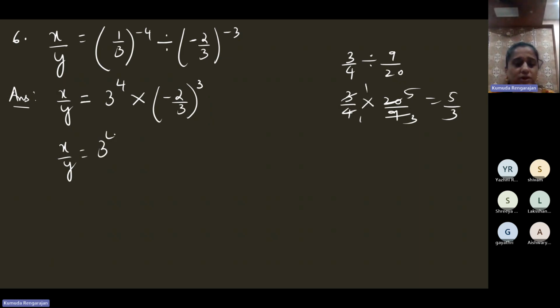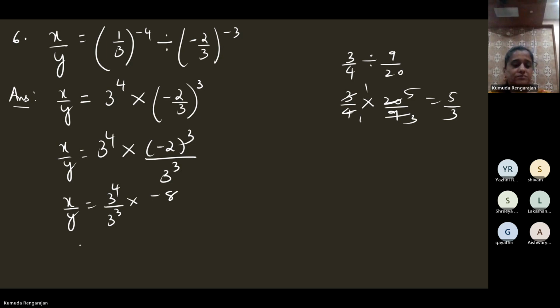So 3 to the power 4 into -2 to the power 3 by 3 cubed. So x by y is equal to 3 to the power 4 by 3 to the power 3 into what is minus 2 into minus 2 into minus 2, minus 8. So here when you use the law of exponents, 3 to the power 4 minus 3 into minus 8.